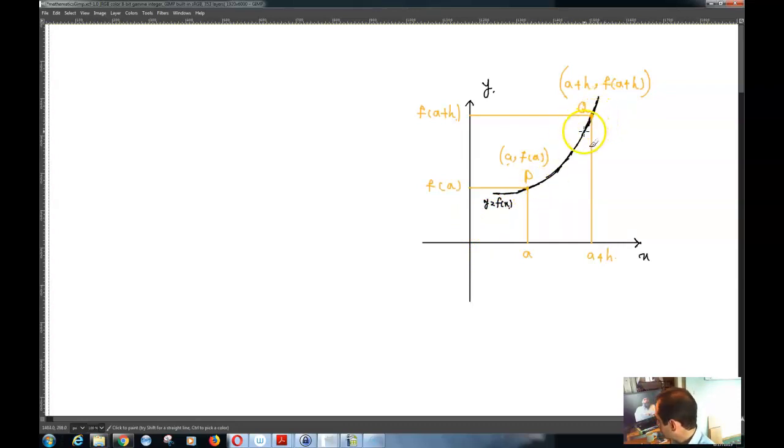Now, at this point I can draw a tangent to this function, which would look something like this.